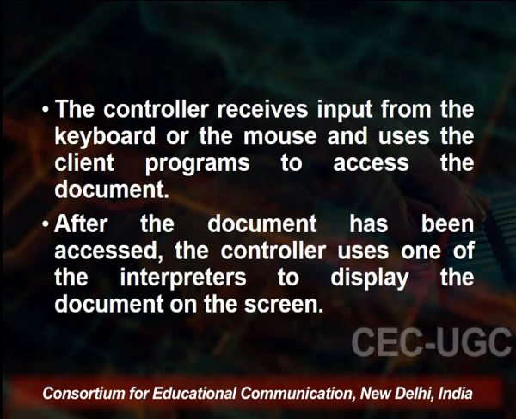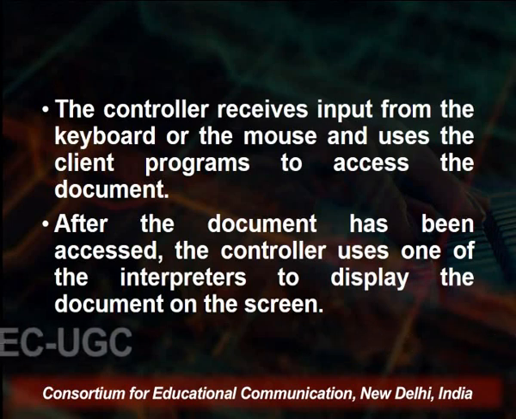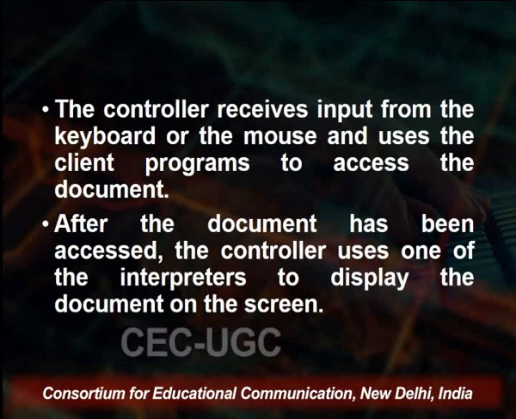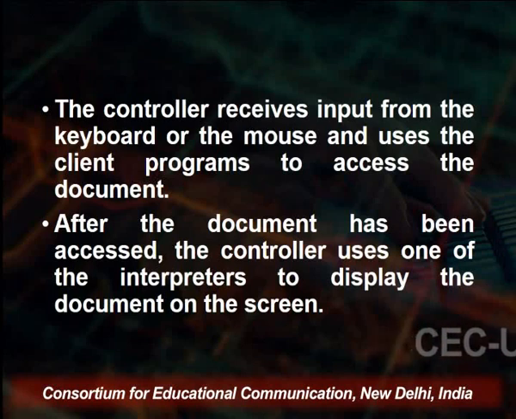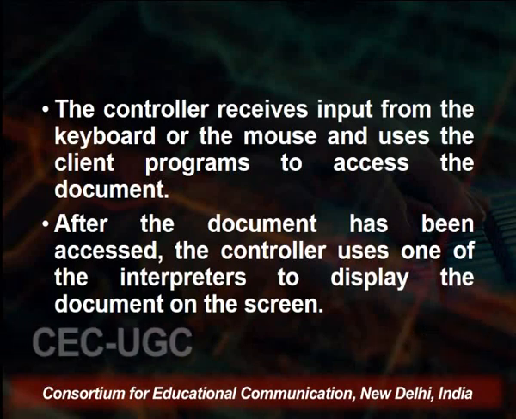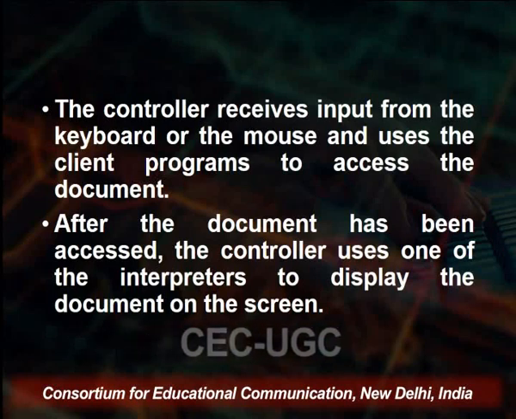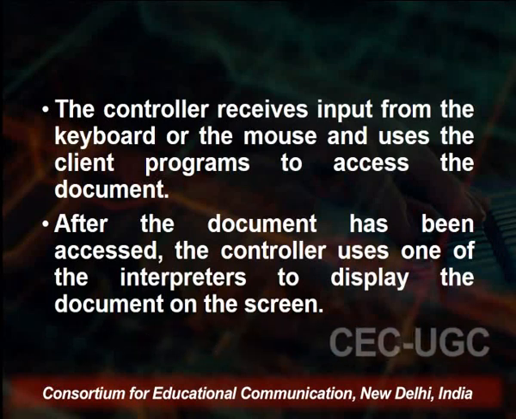So the controller will receive the input from the keyboard or mouse, and it will use the client program to access the document, whatever document it is. Once the document has been accessed, the controller will use one of the interpreters to display the document on the screen. So what is an interpreter doing? The interpreter is translating what is contained in the document so that it can be displayed on the screen.